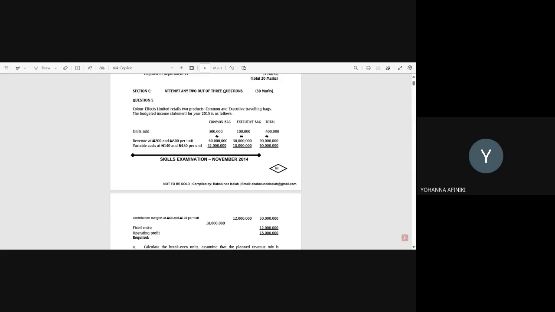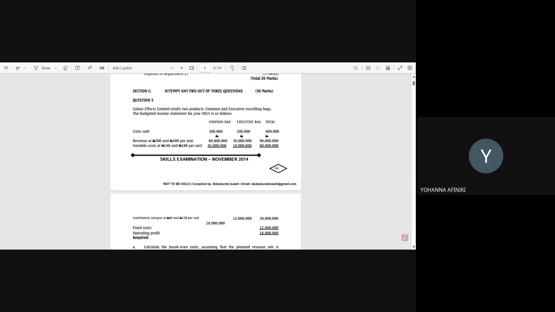No, I picked the wrong figure, sir. I picked contribution margin. We're supposed to get contribution, which is revenue minus variable costs.